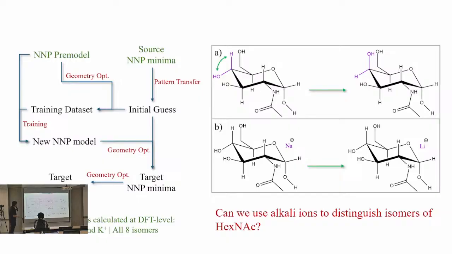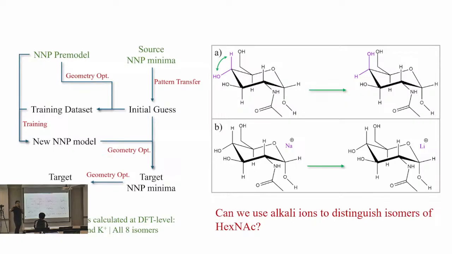This is a similar process, but here the pattern transfer that we have used, aside from the flip and rotate, is the direct substitution of the ions. For example, we have a database for sodiated structures.